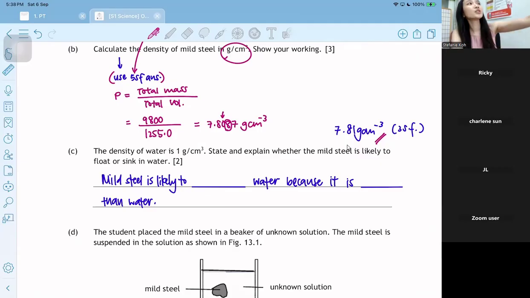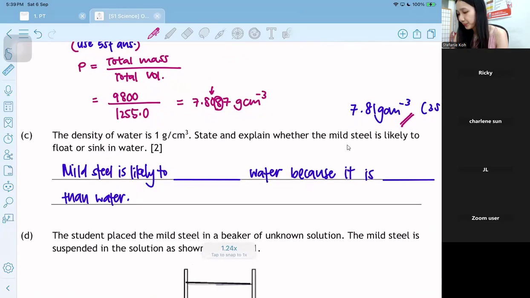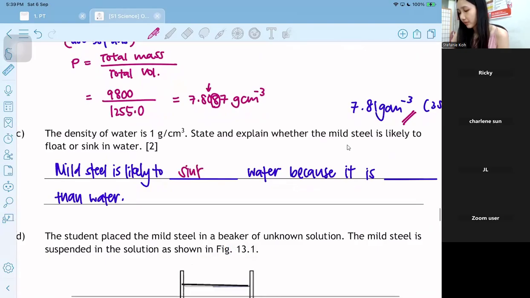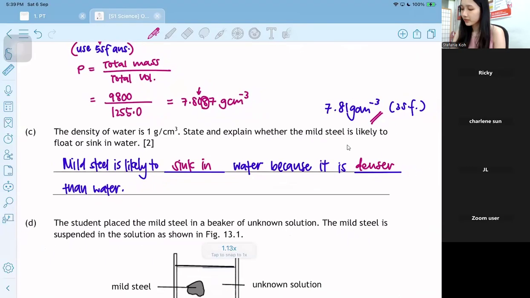Knowing that this metal still has a density of 7.81, is it going to float or sink in water, Kaden? Sink, yeah, because it is what? Denser, exactly. Okay, simple, right?